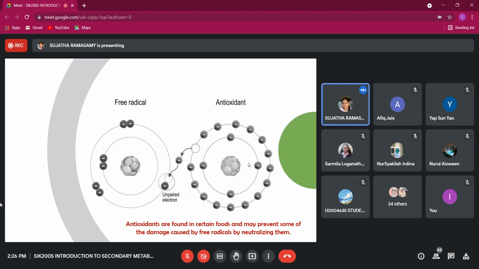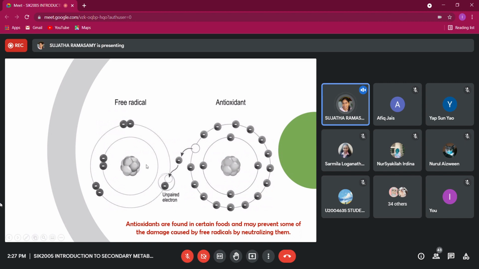And where do you find this antioxidant? Antioxidants can be found naturally in many foods. And the compounds that have these antioxidant properties are phenolic compounds. So antioxidant is important to prevent the damage caused by free radicals. How? By neutralizing this molecule. It gives a friend to the free radical.